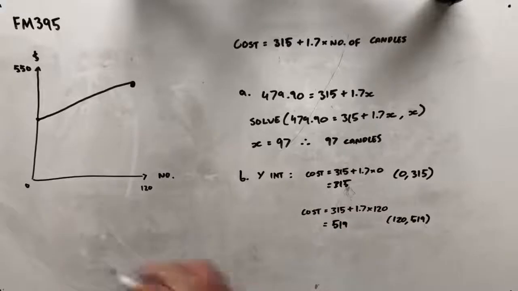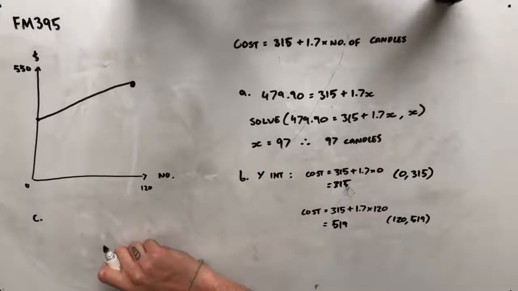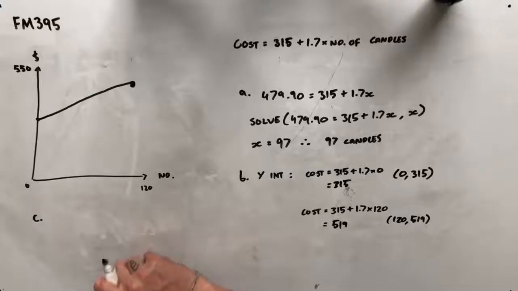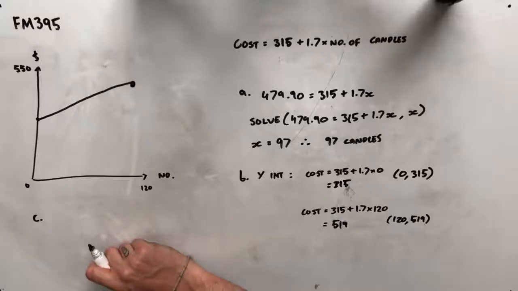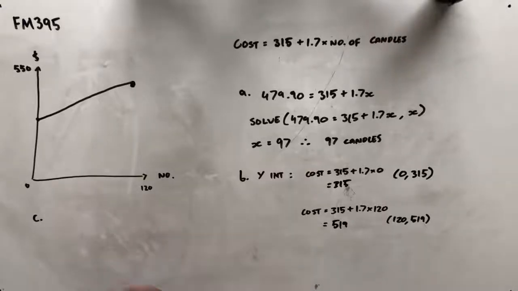We then get a little bit more information before moving on to part C, which says the company will break even on the sale of candles when it manufactures and sells 25 candles. Find the selling price of 1 candle. Alrighty.